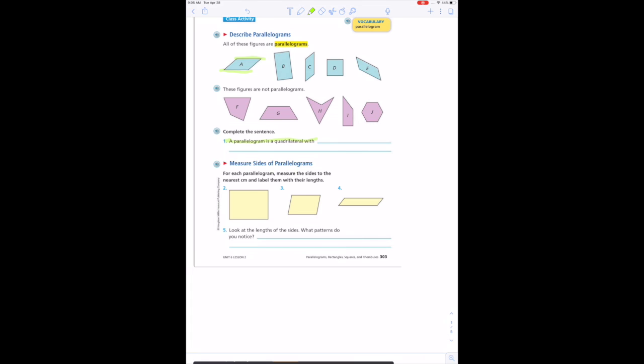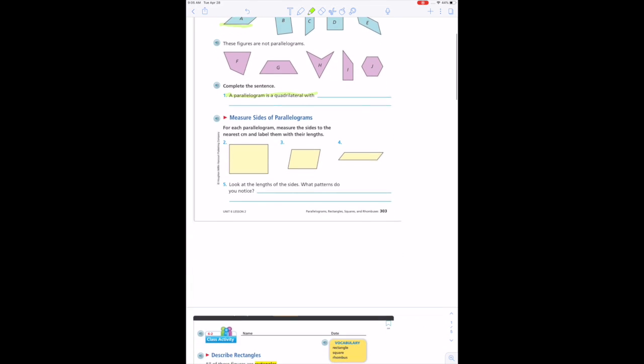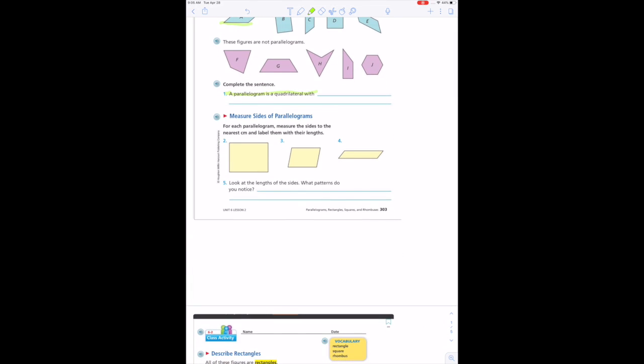So down here on this bottom side, we're going to measure the sides of parallelograms. You're going to use a ruler, and we want you to measure to centimeters. So I want you to go ahead and measure out the parallelograms. You do not have to worry about number 5.